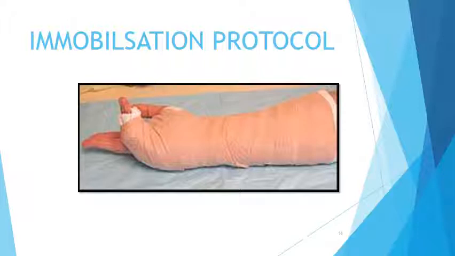So in the early stages, the hand will be immobilized in a dorsal blocking orthosis or a plaster of Paris cast, with the wrist in flexion 10 to 30 degrees, the MPJs also in flexion at about 40 to 60 degrees, the IPJs in full extension.